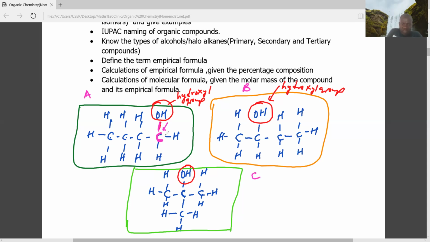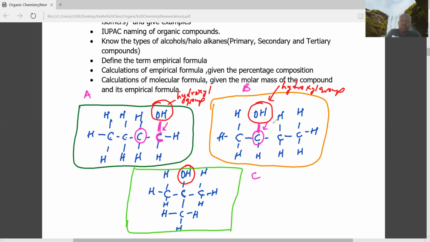The carbon attached to the hydroxyl group is only bonded to one carbon atom, because the other is just hydrogen. But when we come to this one, let's identify the carbon that is attached to the hydroxyl group. It's this one.